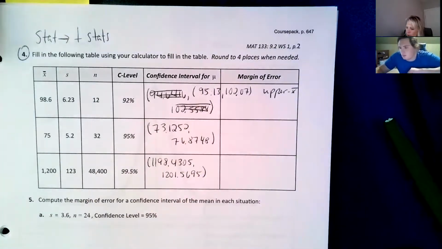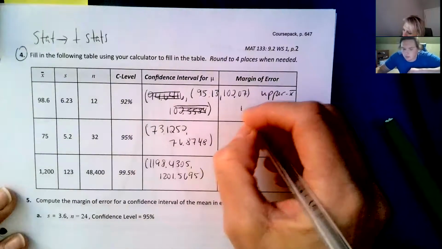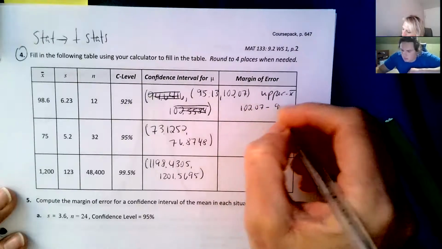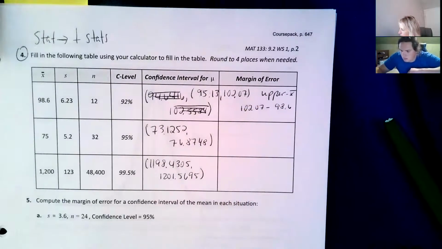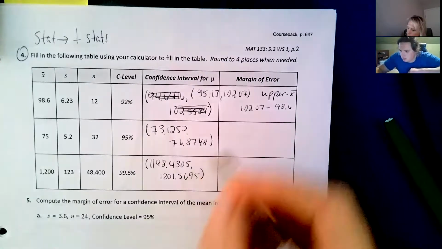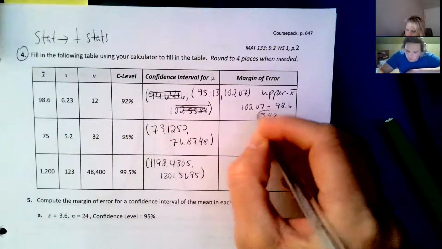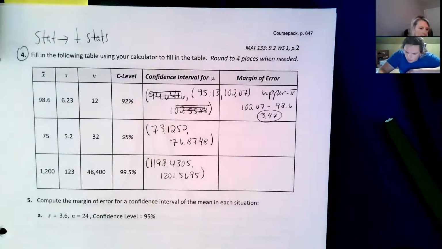So there's 3 different ways. For me, I'm going to do 102.07 minus 98.6. And did everybody get 3.47? Thereabouts. If you use the correct decimals, then you'd be a little bit off from me.